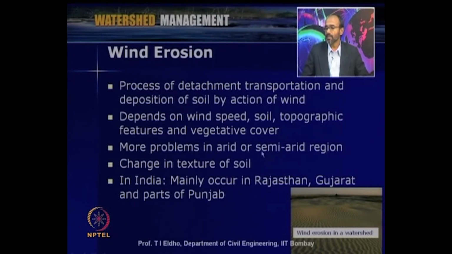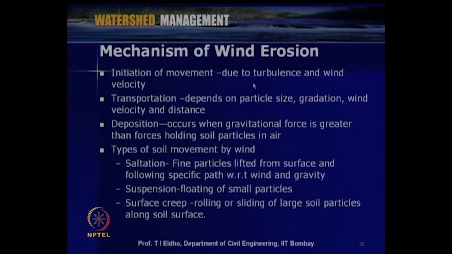This major issue is there especially in arid or semi-arid regions, and depends on the kind of soil and the texture of the soil. In India, major wind erosion takes place in Rajasthan, Gujarat and some parts of Punjab.